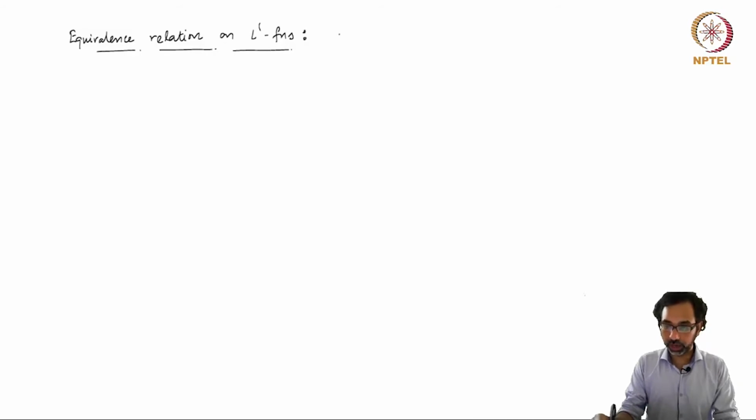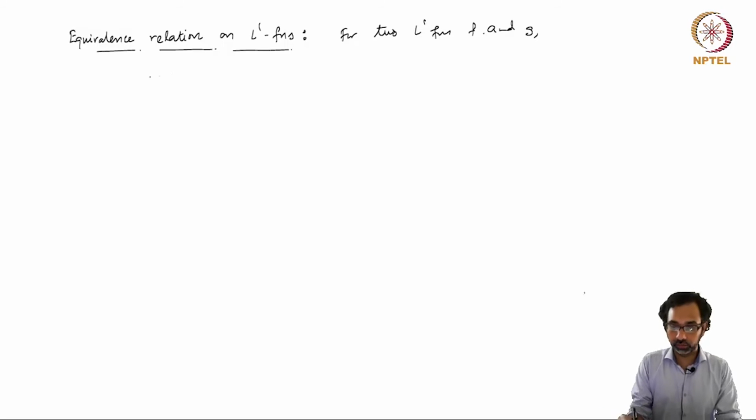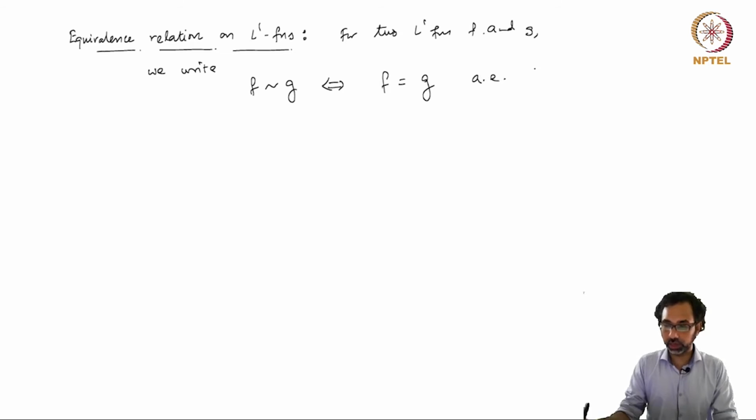Now we put an equivalence relation on L1 functions as follows. So we write for two L1 functions f and g, we write f is equivalent to g if and only if f agrees with g almost everywhere. So again, with respect to the Lebesgue measure.